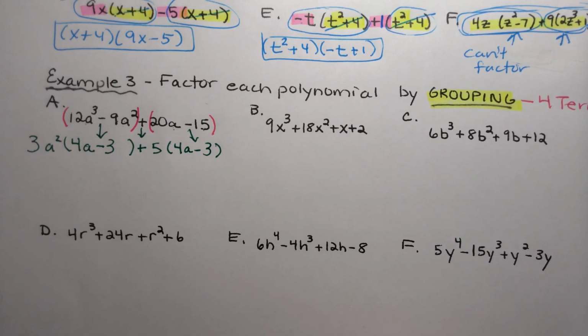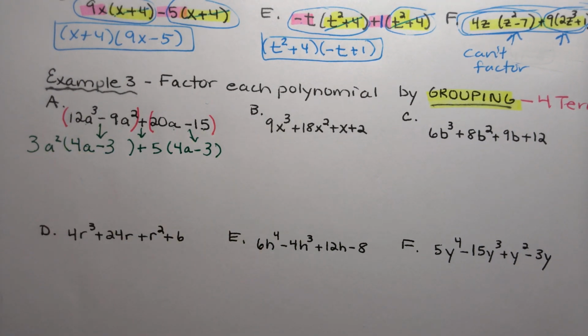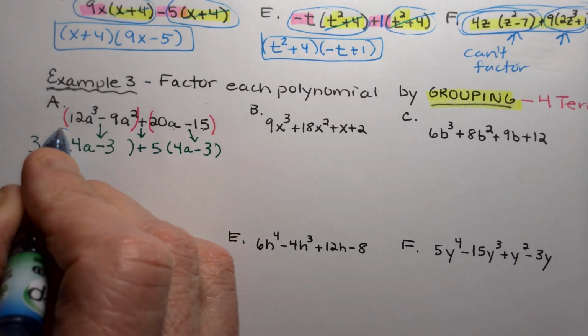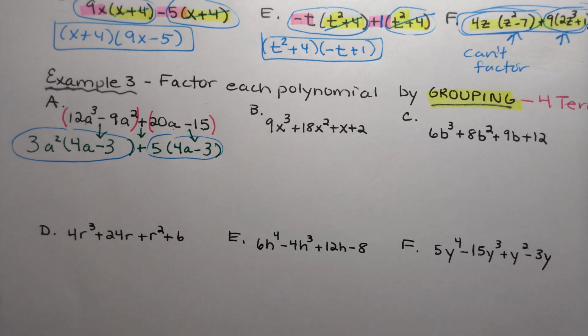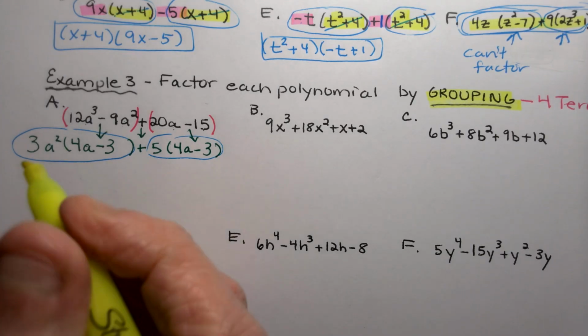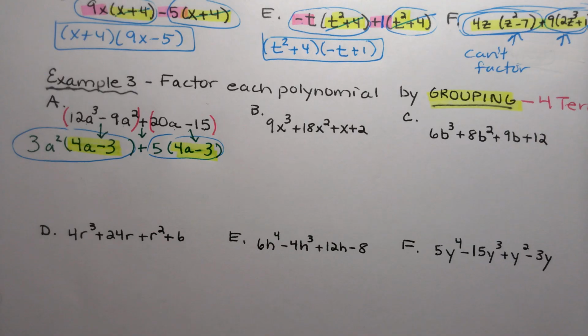Now, does anybody see something there? I spy with my little eye 2 bigger terms, just like we had up there. And lo and behold, boom. Check it out. It's exactly the same.